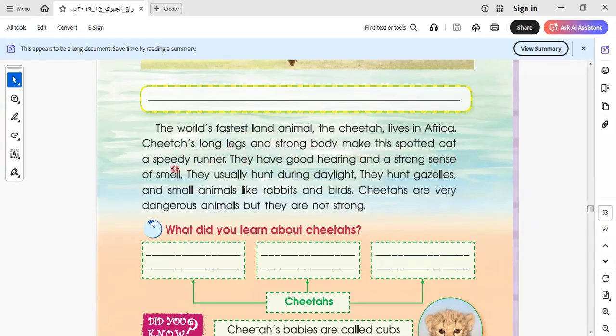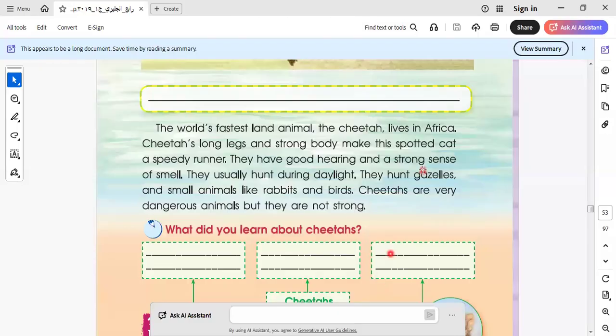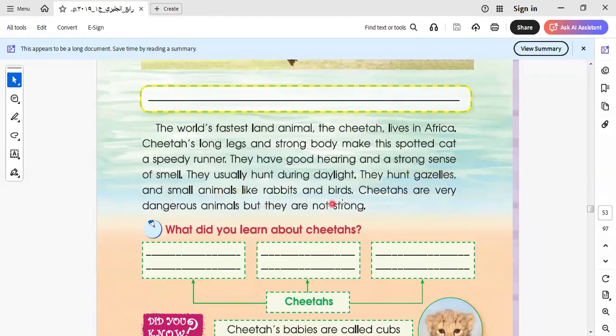A spotted cat, a speedy runner. They have good hearing and a strong sense of smell. They usually hunt during the day. They hunt gazelles and small animals like rabbits and birds. Cheetahs are very dangerous animals, but they aren't strong.